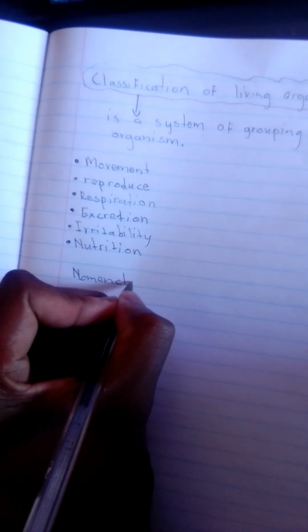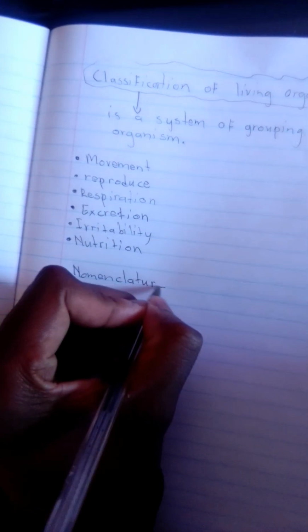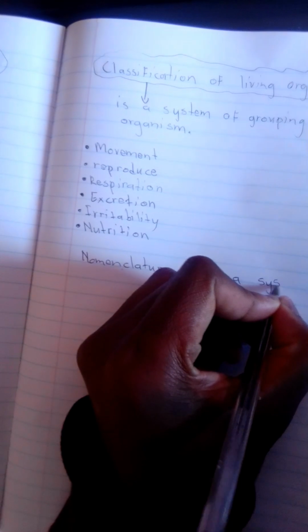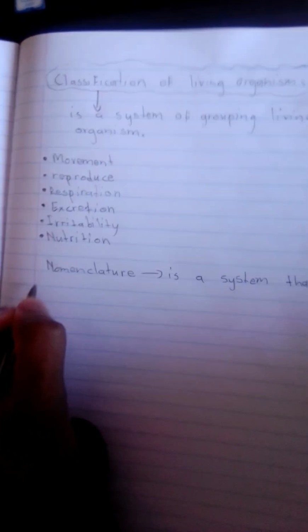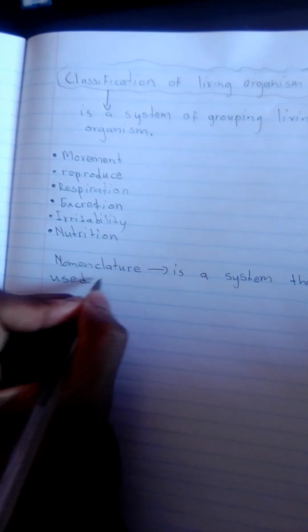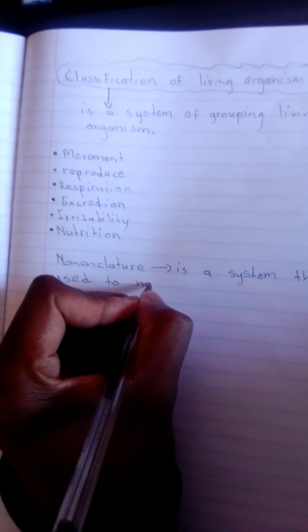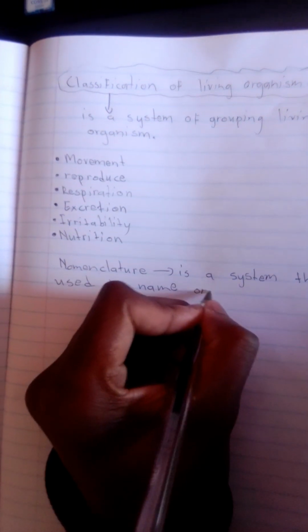Then I move on. There's this concept called nomenclature. You are asking yourself, what is that? Nomenclature is a system that is used to name organisms.